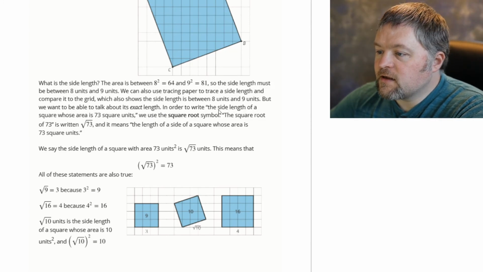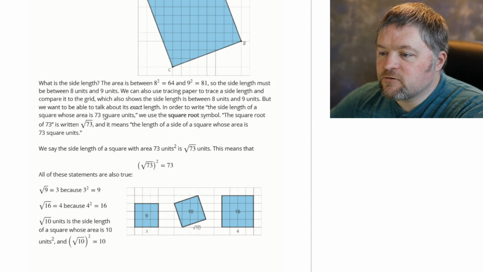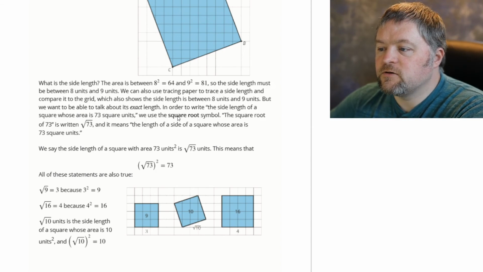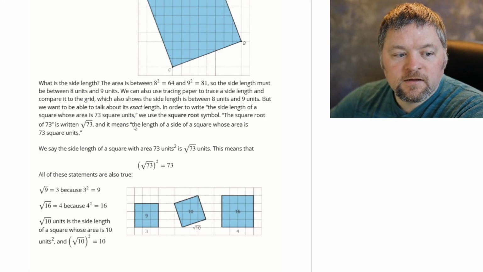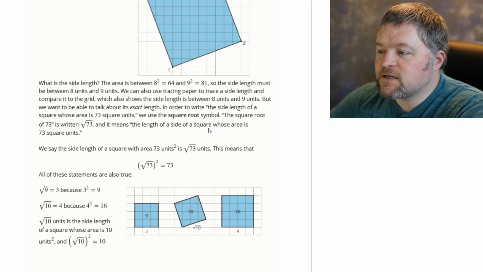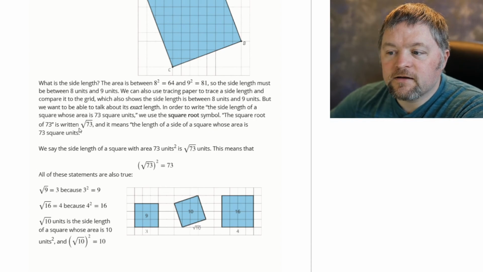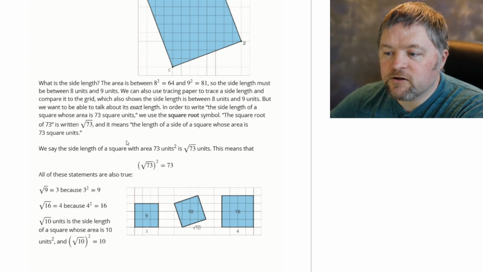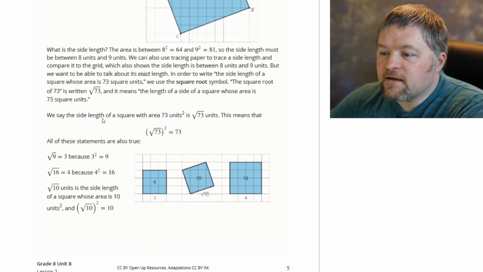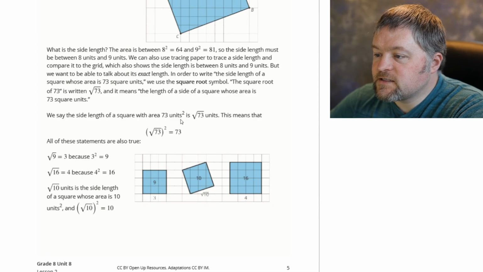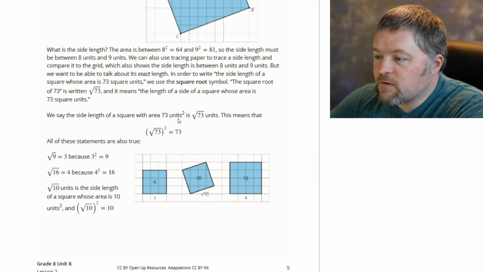In order to write the side length of a square whose area is 73 units, we use the square root symbol. The square root of 73 means the length of a side of a square whose area is 73 square units. We say the side length of a square with area 73 square units is the square root of 73 units.